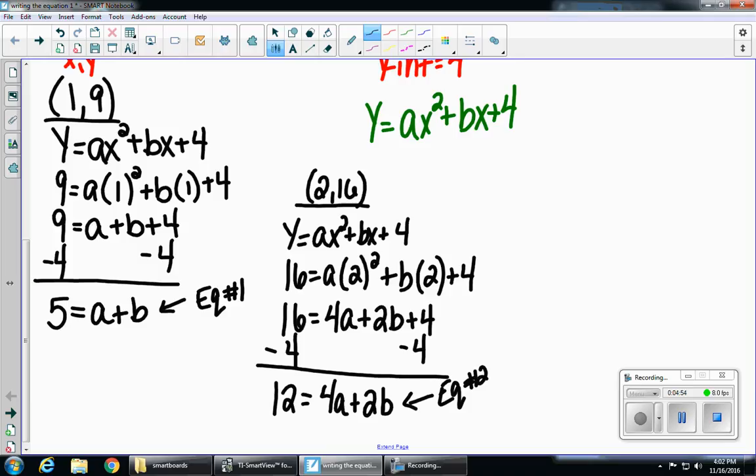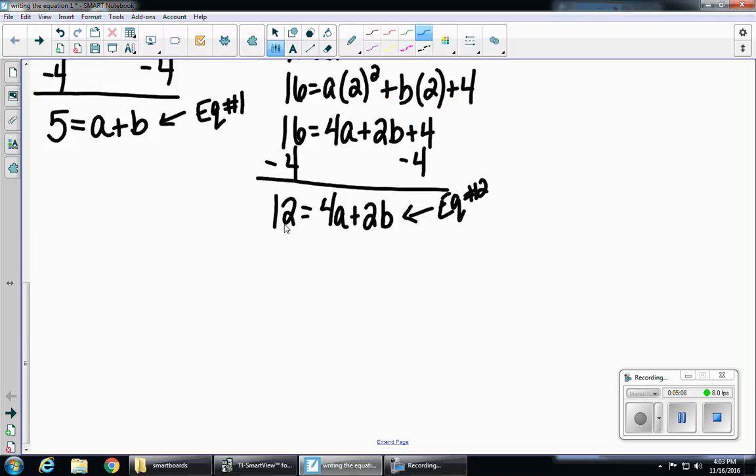So now that I have two equations, both equations have an a and a b in them. So I am going to solve the system of equations using equations 1 and 2. I'm going to stack them on top of each other: 5 equals a plus b, and 12 equals 4a plus 2b.